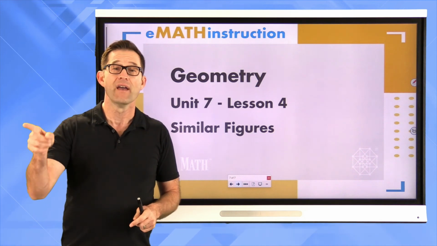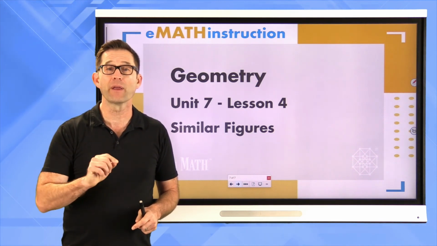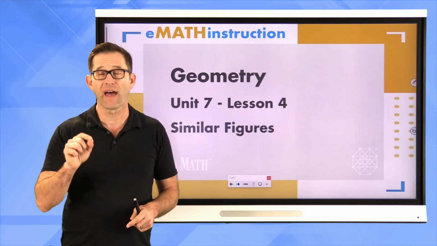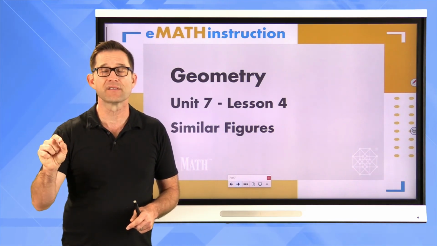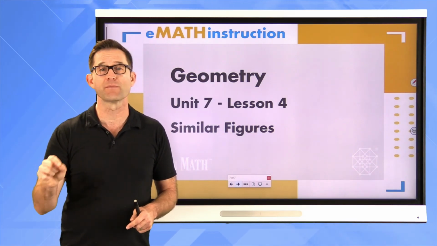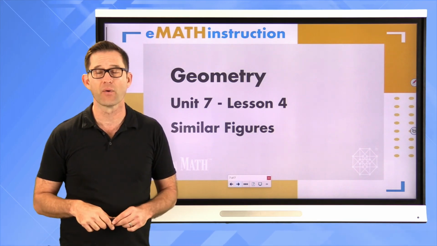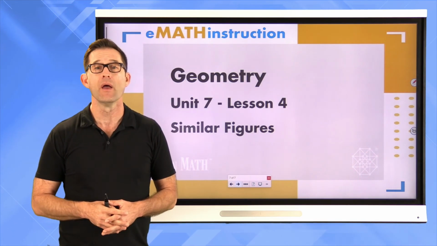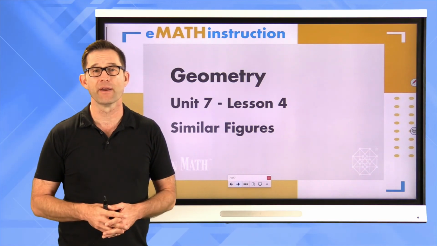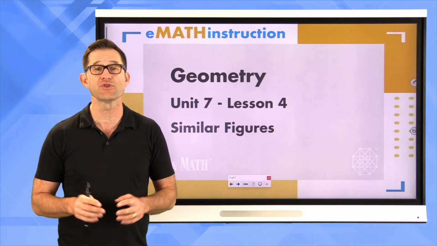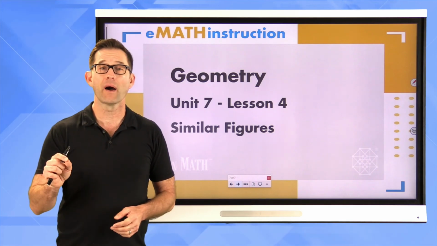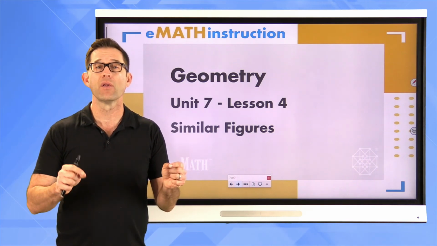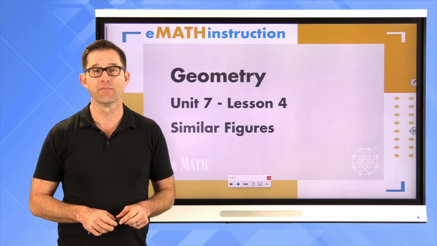So if I take an image length and I divide it by a pre-image length, that number that I get, that ratio, has to stay consistent amongst all of the corresponding side pairs. We also looked at how you can justify that two triangles are similar by finding a similarity transformation, which either includes a dilation all by itself or a combination of a dilation along with one or more rigid motions.